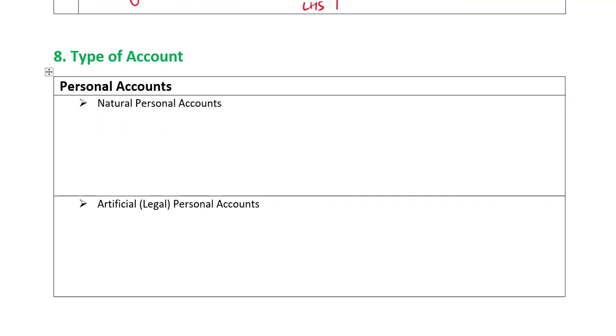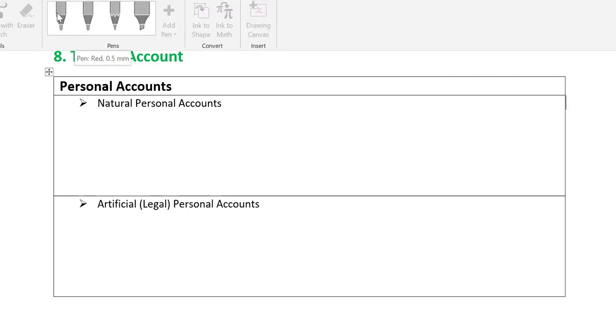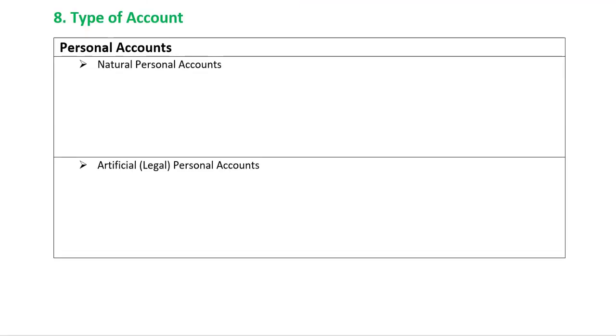And there are three types of personal accounts. The first is natural personal account. All accounts which record transactions of natural human beings are known as natural personal accounts. Natural human beings such as Ram, Lakshman, Sita, Gita, Krishna, debtors, Kabir, Joseph, creditors, and anybody.